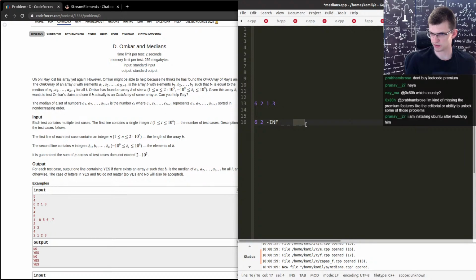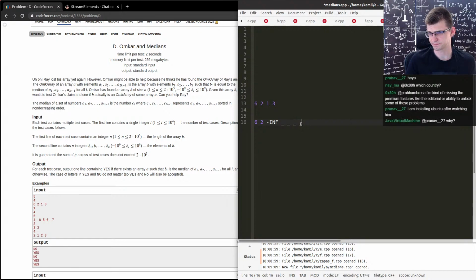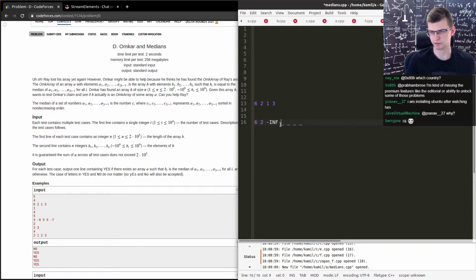But then I can swap one of those two values with minus infinity to make it not minus infinity. Somewhere here there is that median of 1 that I need. Let's say it's 1. It must be one of those numbers. Well, it can be here. No, it cannot.